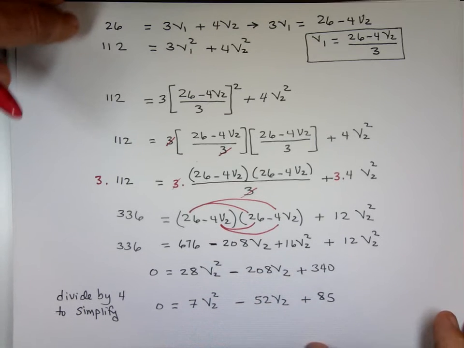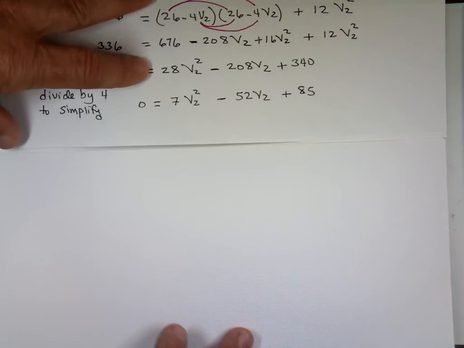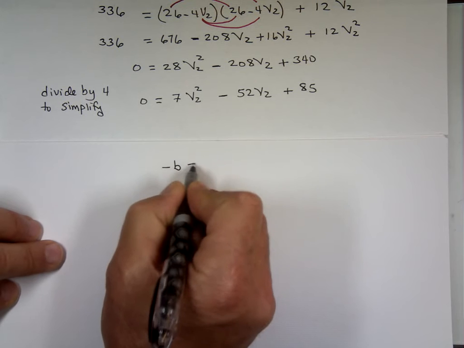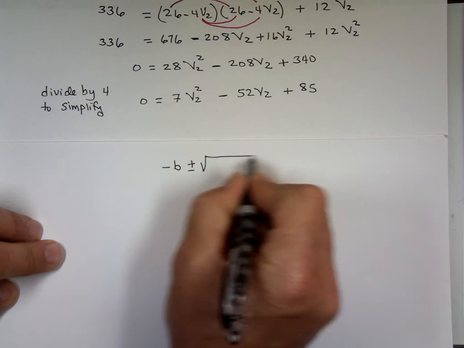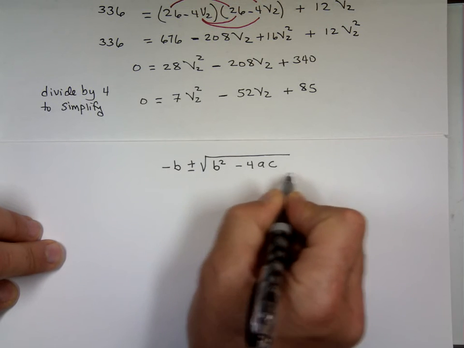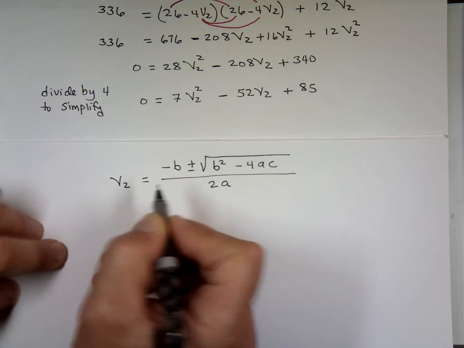And now we need to solve that quadratic equation. To solve it, you can try factoring. Good luck. It might be actually. I just don't want to think about it. Or I can use the quadratic formula. I can use that.